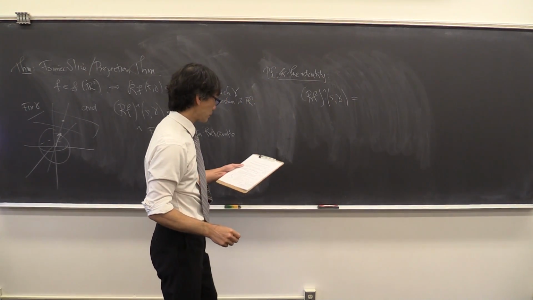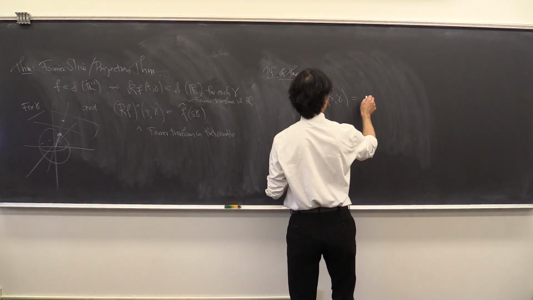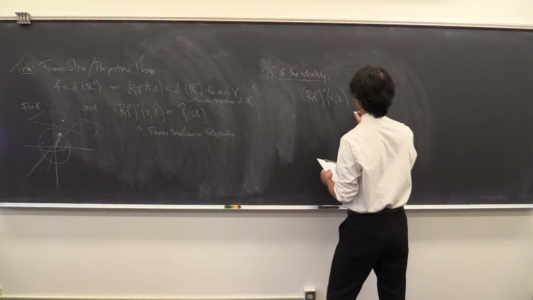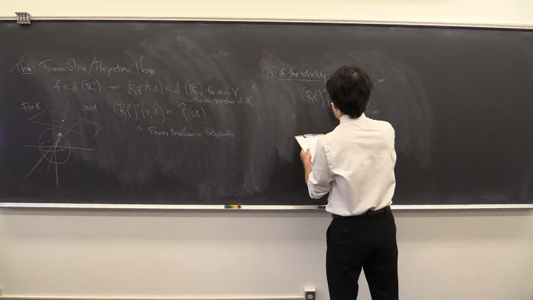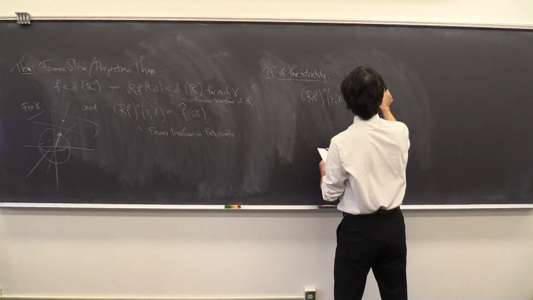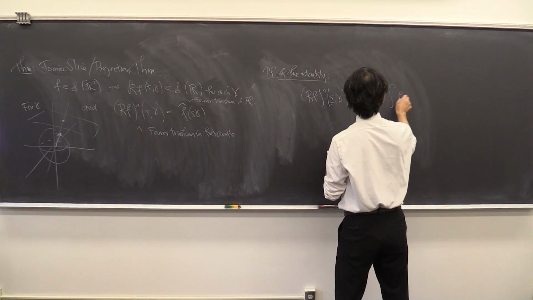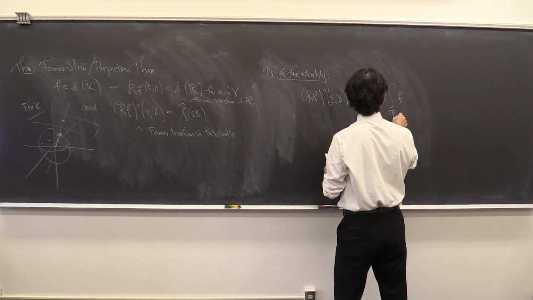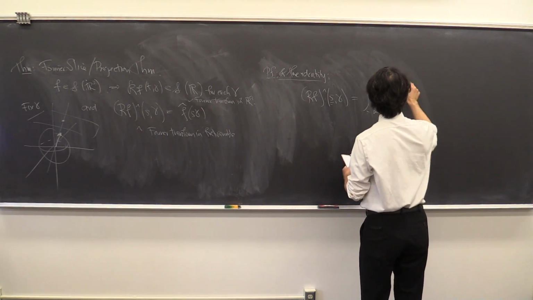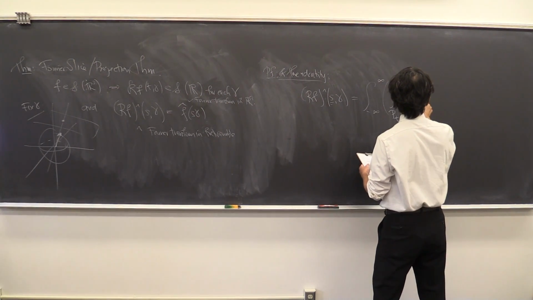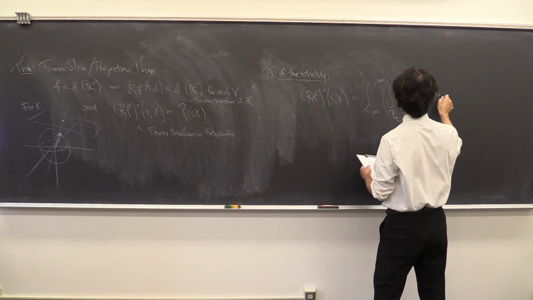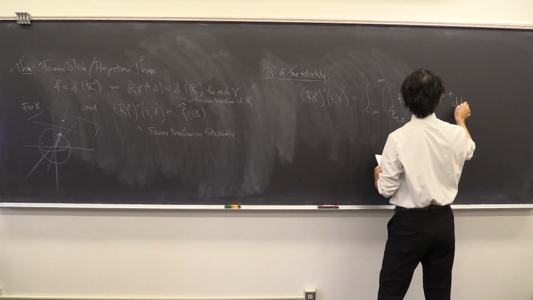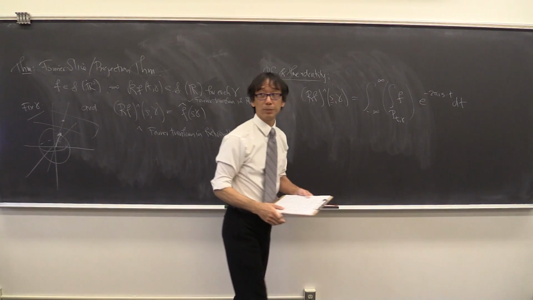By definition, you're going to take the Radon transform. So you take the integral of f along p t gamma, and then e to the negative 2 pi i s times t, dt. Right, so it's just by definition.